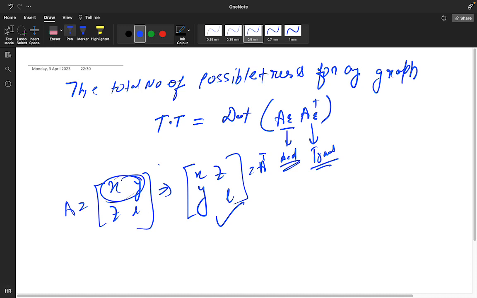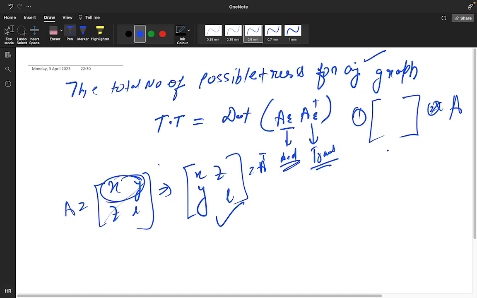So you take the reduced incidence matrix, take its transpose, multiply them, and find the determinant. You will get the number of possible trees of any graph.